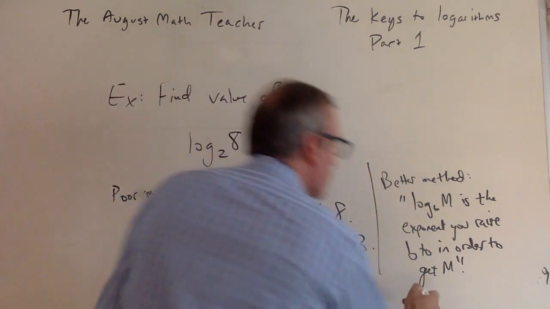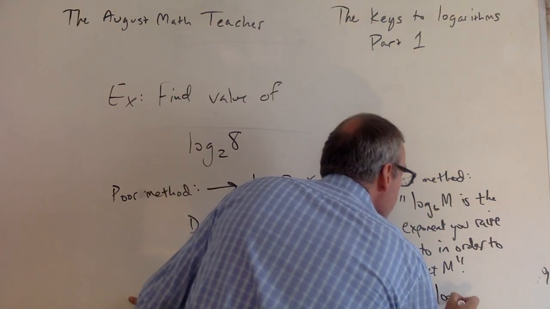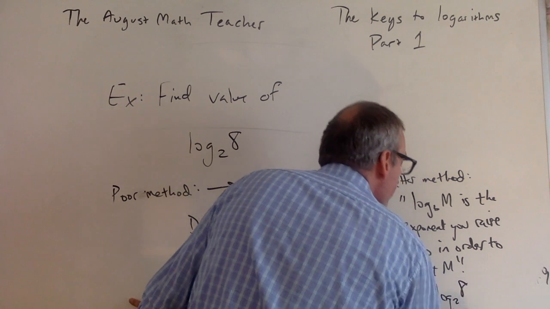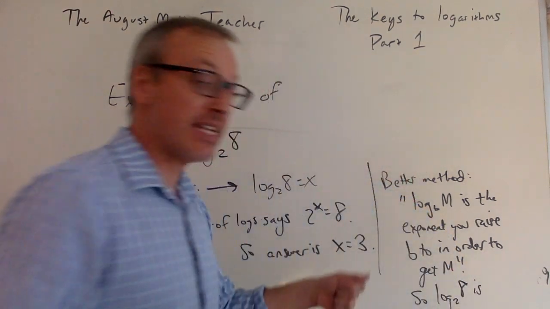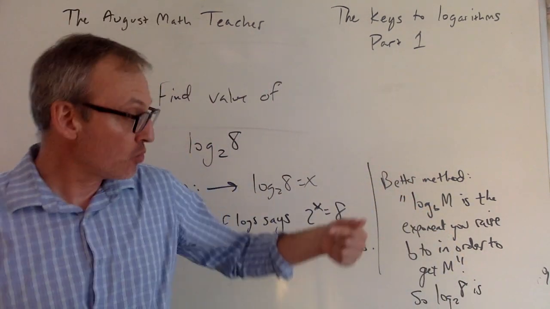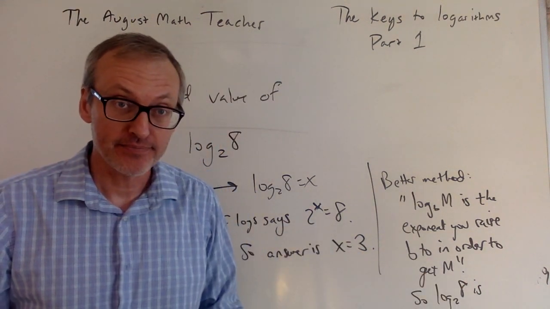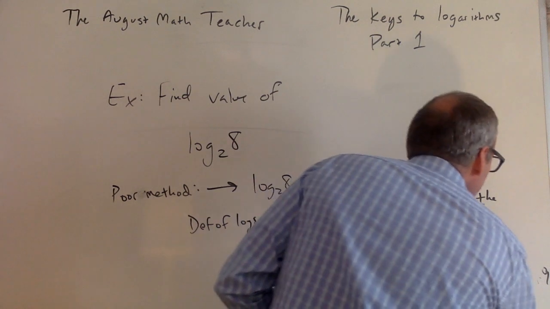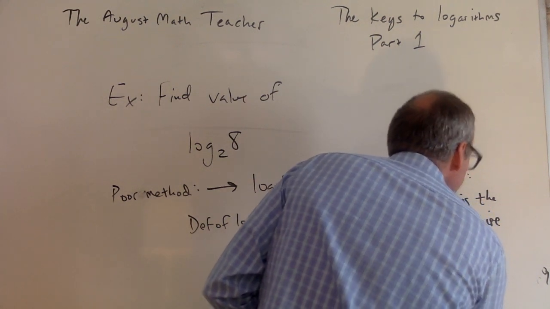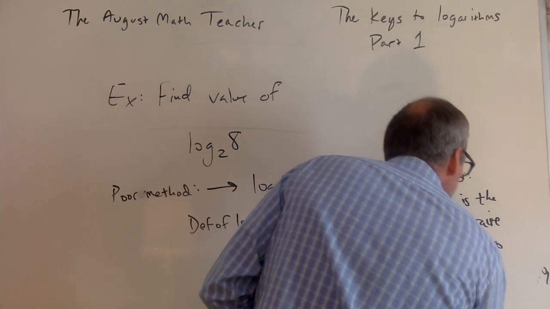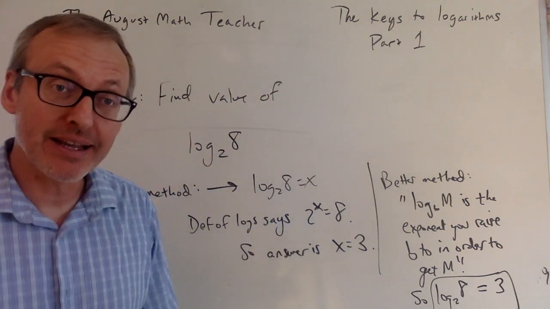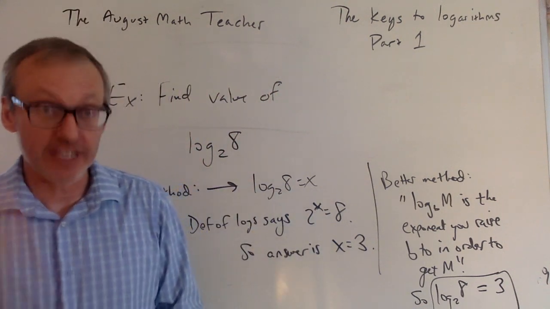And so, log base 2 of 8 is the exponent that you raise 2 to in order to get 8. It's just 3. And you don't have to write x in there, and it's not an equation to solve. It's a thought question.